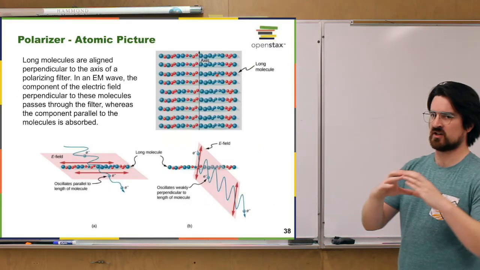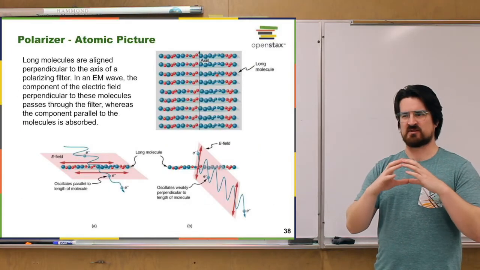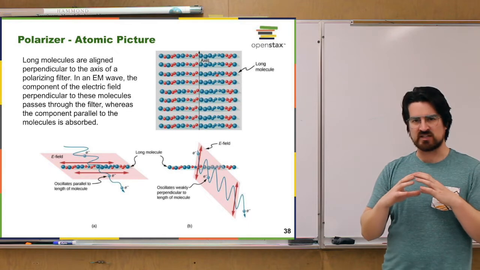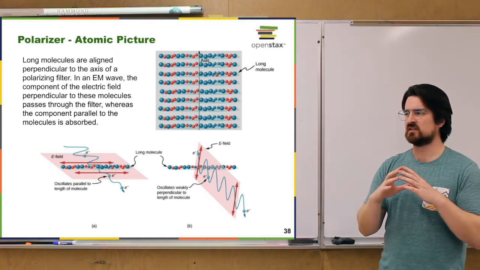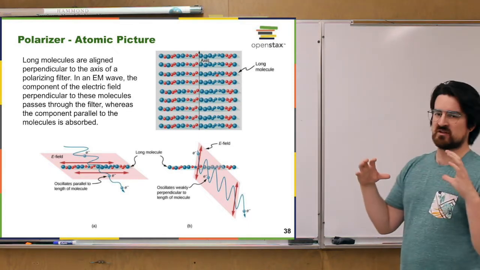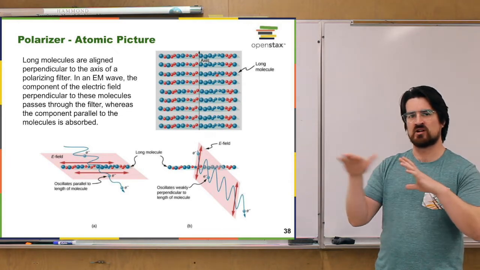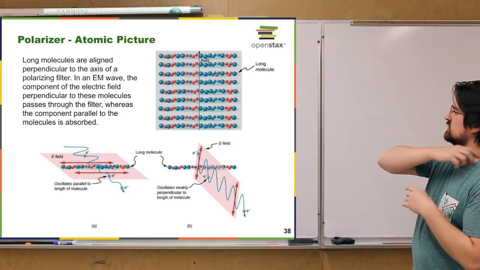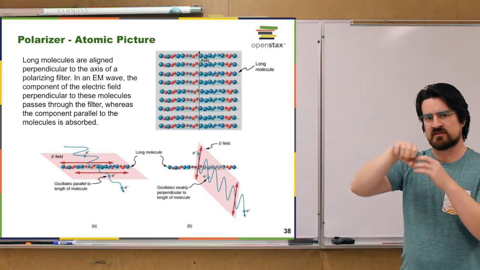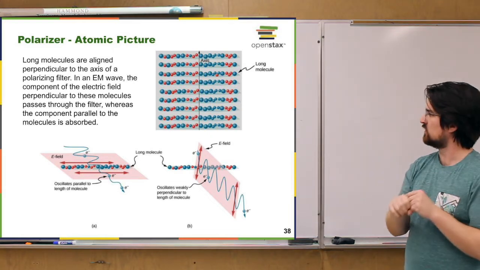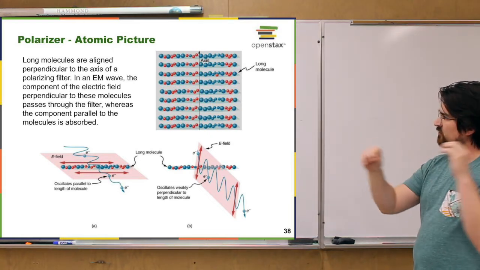Now we're going to think about what's going on on an atomic scale. Again, not too deeply into the details, but at least to give you an idea. These polarizers are generally made up of long chain molecules, as shown in here. All those dots are little atoms, and together they make up these long, linear molecules.